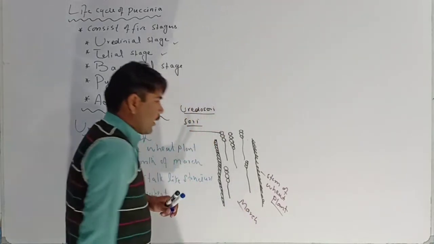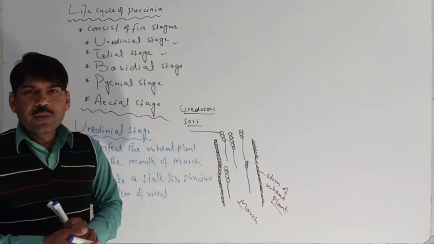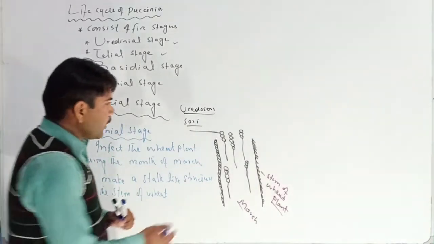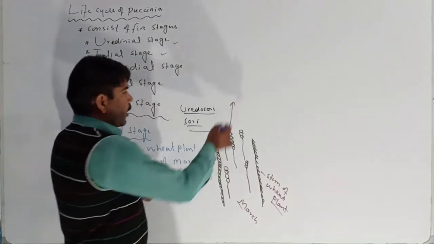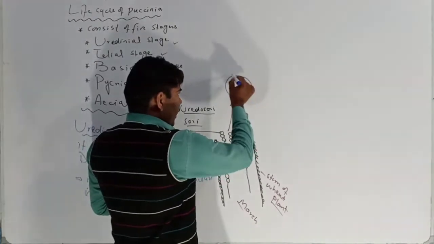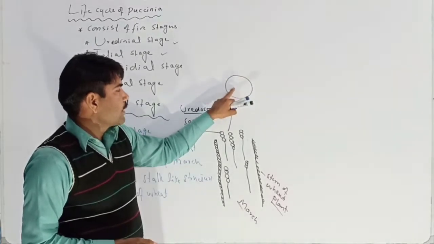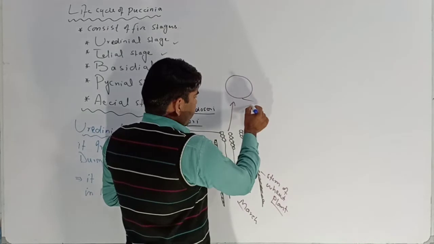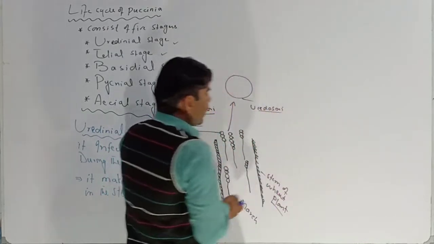So what will happen when these sori are produced in the stem of the wheat plant? If we take one sorus outside to understand better, we can say that this one is a uridosorus.